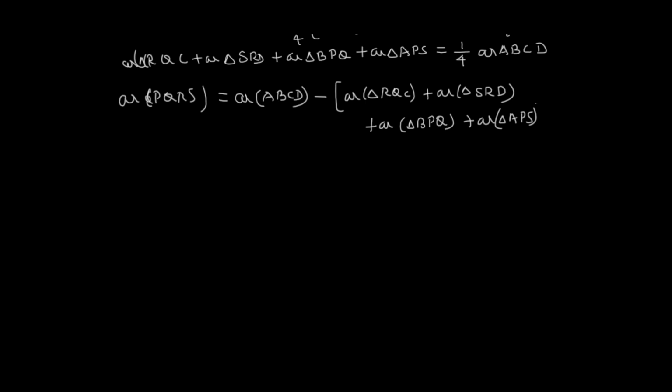If you add all the small triangles and subtract from the whole quadrilateral, we will be getting area of parallelogram PQRS.